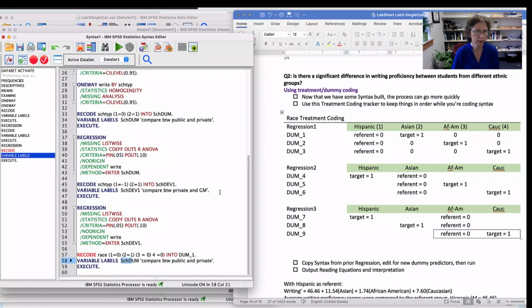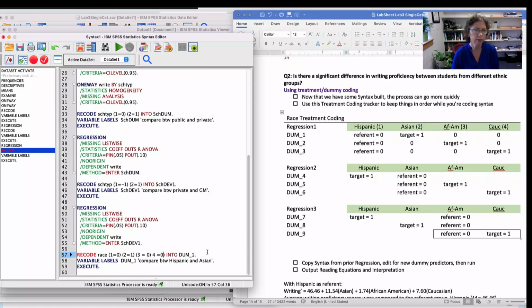And then here, this is going to be DUM1, and it's the comparison between your referent and your target. So between Hispanic and Asian. See how it's red here and it's red over here?